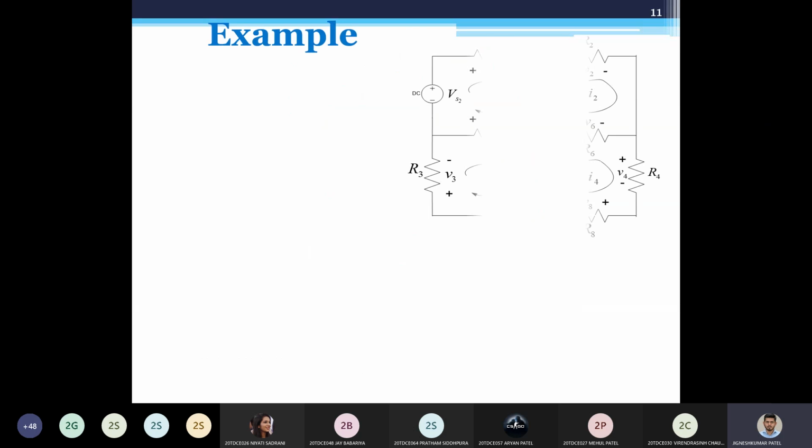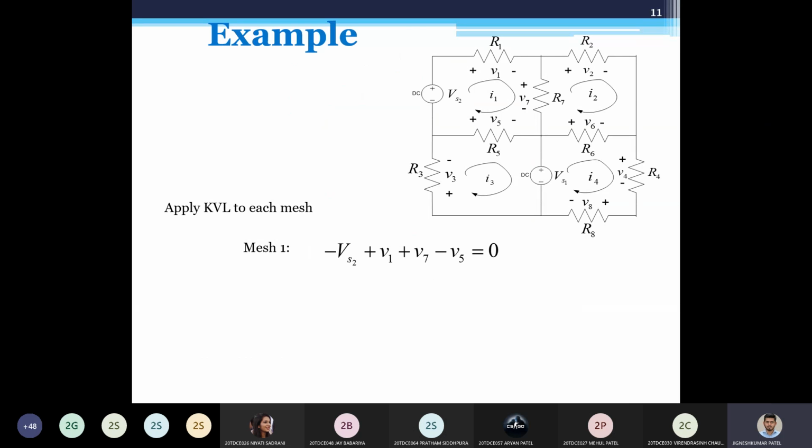4 meshes. Now we'll consider an example. So here in this example, we'll go with this clockwise direction of current, and we'll try to write down the equation for the KVL. Now we'll go with a very basic rule.